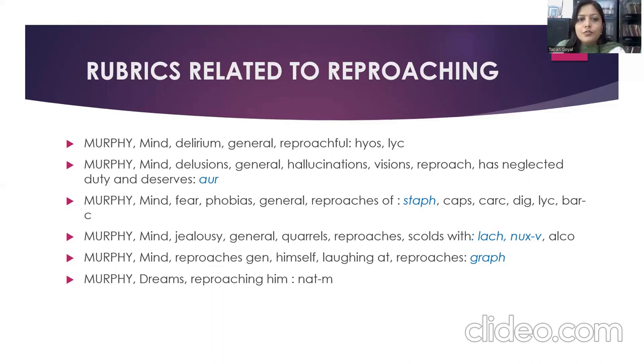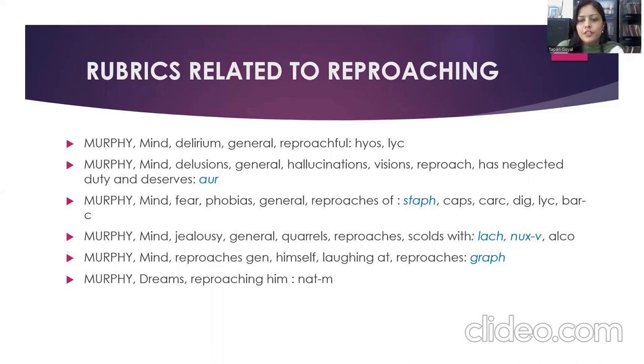Then we have another rubric, Jealousy, quarrels, reproaches, scolds with. We have Lachesis, Nux vomica in high grade, and Alcohol in lower grade. Then we have Mind, reproaches himself, laughing at reproaches. We have just seen this rubric in reprimands also, laughing when reprimanded. We have Graphites, again present in reproaches also.